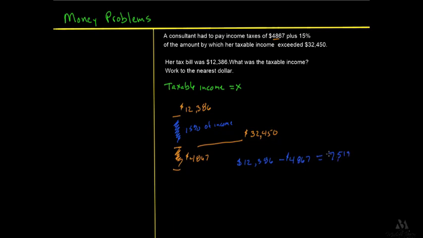So that also was an unknown, so I'm just going to call that Y. So the tax over our amount up here, 32,450, is going to equal Y.